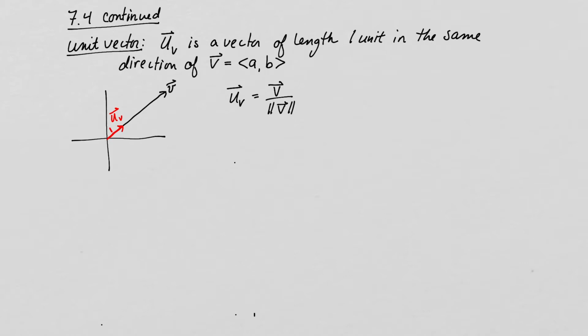Now, when we say we divide it by its length, we didn't talk about dividing vectors. Really what we're saying is we're multiplying the vector v by the constant 1 over the length of v. So this is really what we're doing. And in essence, it's really just a divided by the length of v, comma, b divided by the length of v.